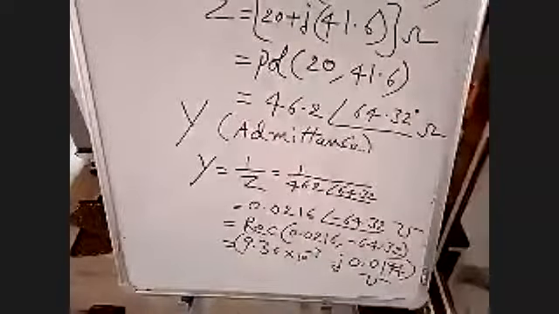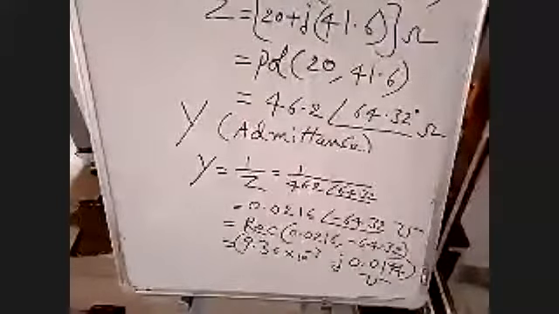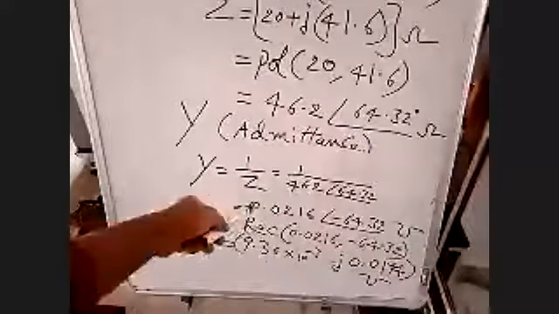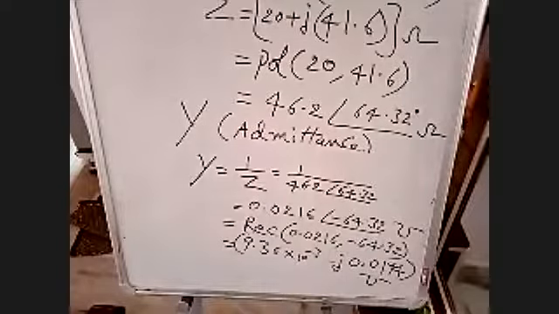Suppose you have doubt whether this answer is correct or not, again convert this rectangular form to polar form. You have to get this answer. I am just showing it here. In the exam, there is no need to convert again, but for your understanding, I am converting.